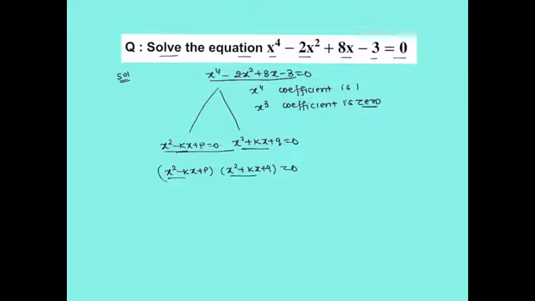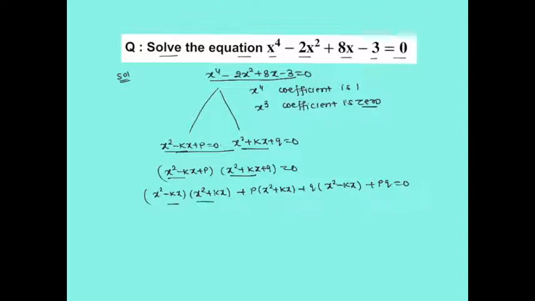Multiplying this out: (x^2 - kx)(x^2 + kx + q) + p(x^2 + kx + q).